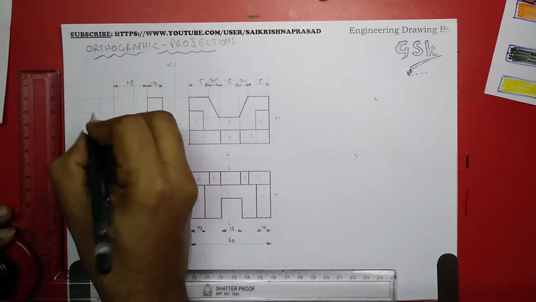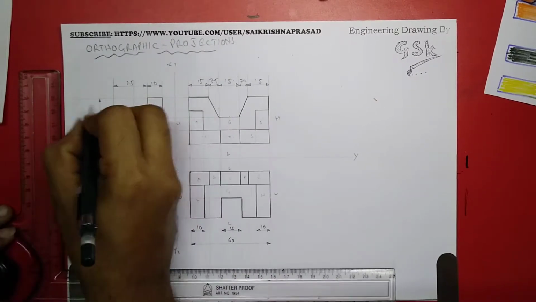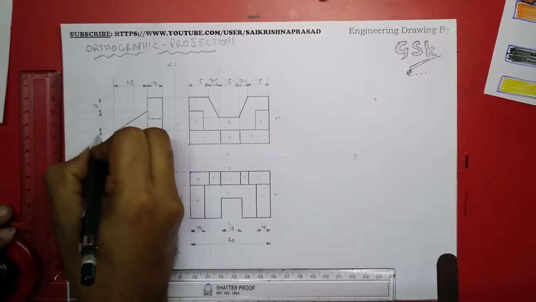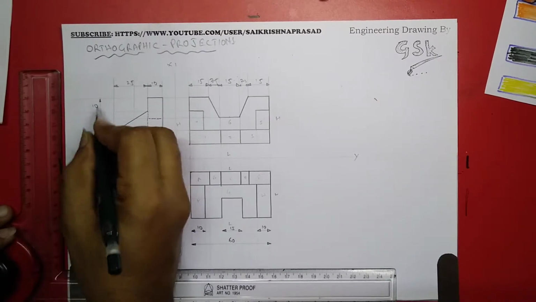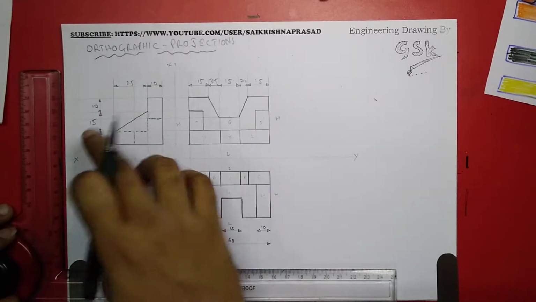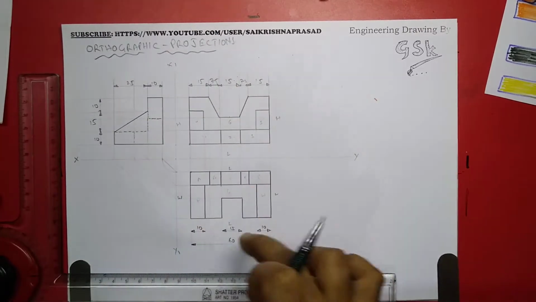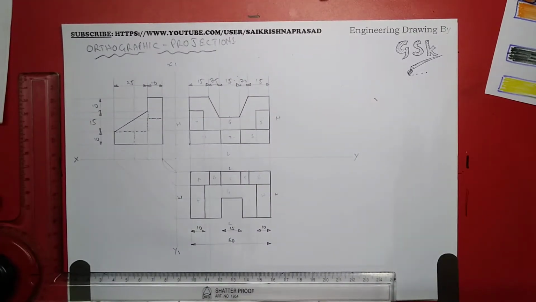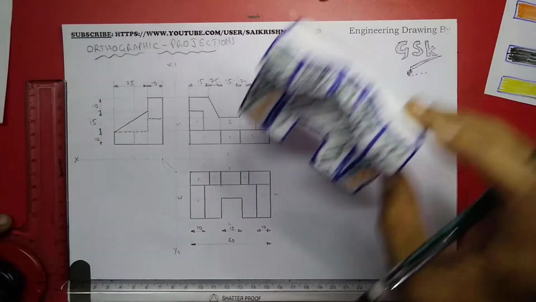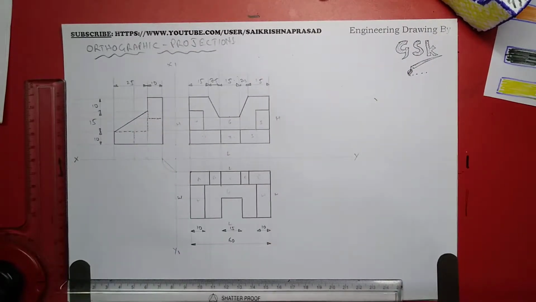From here to here and from here to here it is 10, and the rest is 15. So total 35. This is the height, width, length, and this is your orthographic projections. In this way we have to draw the orthographic projections for these objects, with hidden lines and fully visible lines.